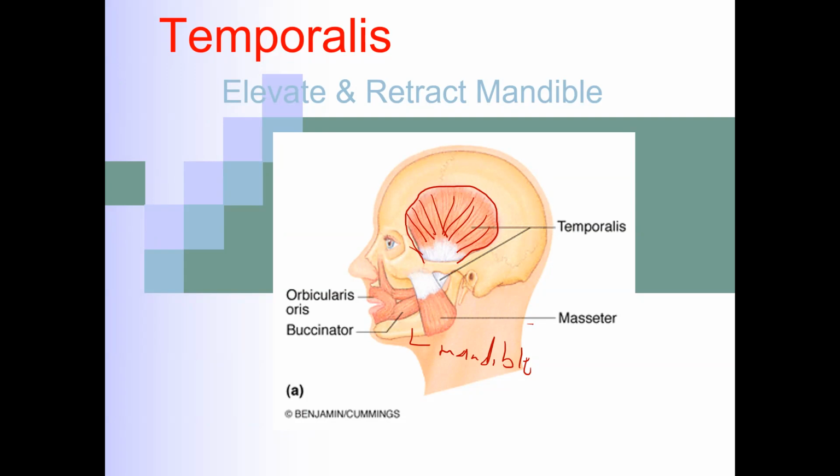Now, a fact that you might find interesting is that human beings have very small temporalis muscles in comparison to other primates, right? So a chimpanzee, I always go back to chimpanzee because those are the ones we normally think about. A chimpanzee can easily bite through somebody's wrist, okay?